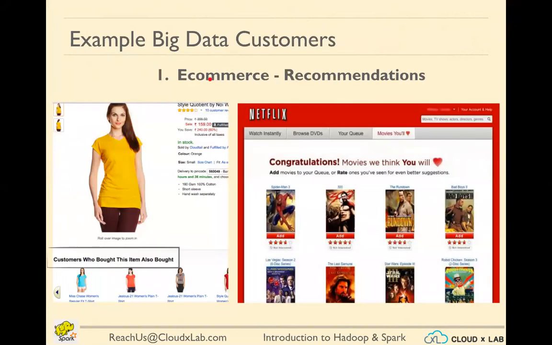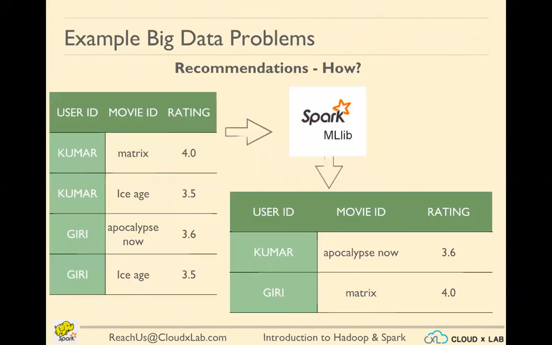Now, how does it happen? How do we generate such kind of recommendations? There are existing algorithms such as Mahout and now MLlib. What we do is we first create a huge table having only 3 columns: user ID, movie ID, and ratings.